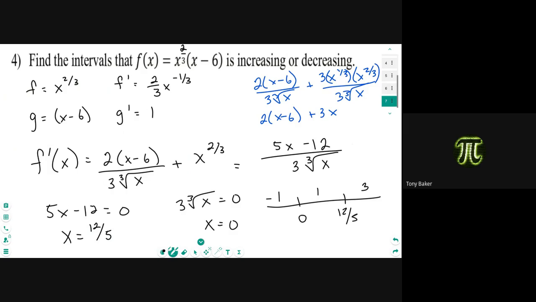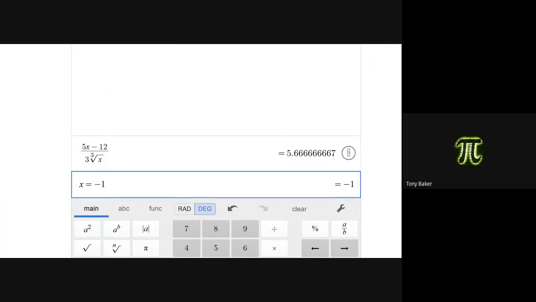Plug in those 3 numbers. -1 gives you a positive. 1 gives you a negative.